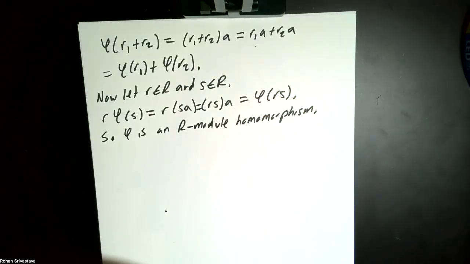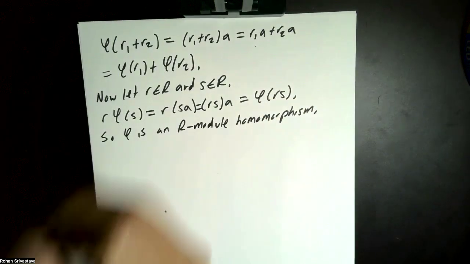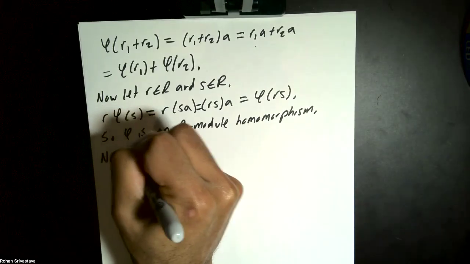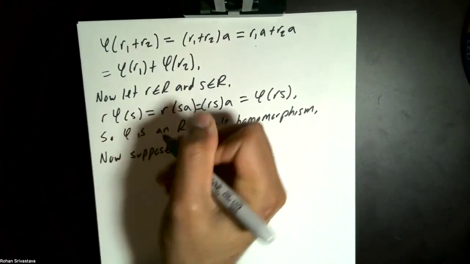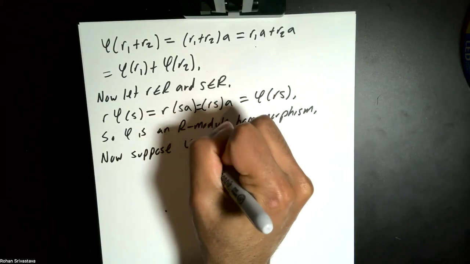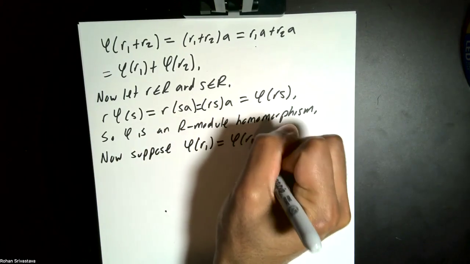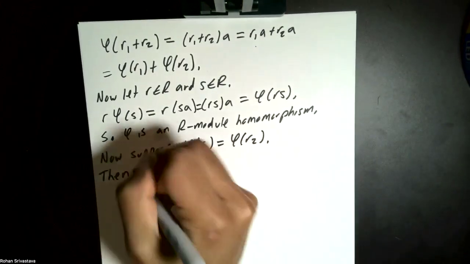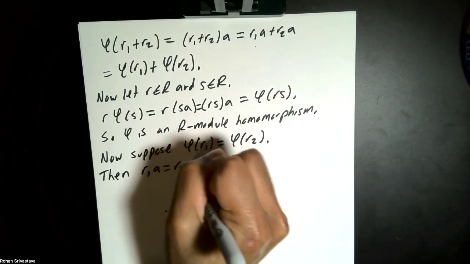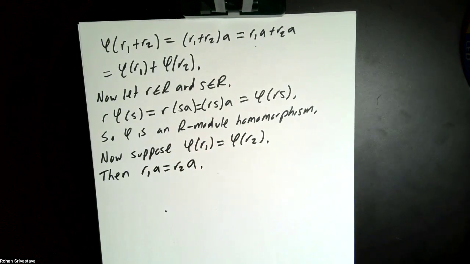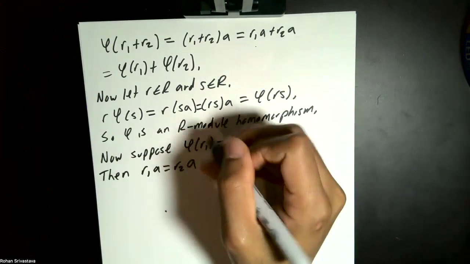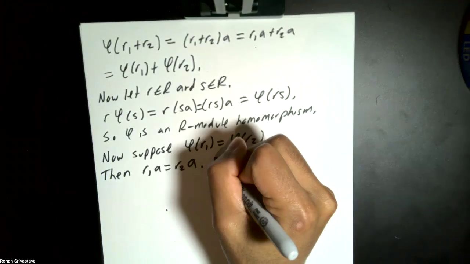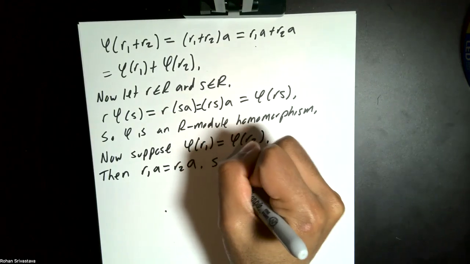Let's check that it's a bijection. Now suppose phi of R1 is equal to phi of R2. Well, then by definition of phi, R1A equals R2A. Now, we don't necessarily have an inverse for A, because A is not necessarily a unit, but we do know that we can subtract.